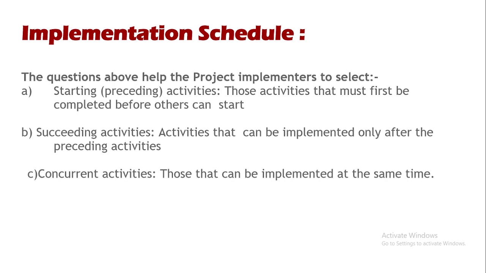So you as a project implementer or coordinator should be able to identify all of the activities, when you want to implement them, how long it will take for these activities to be implemented, and which are the activities that should come first and those that should come next and last.